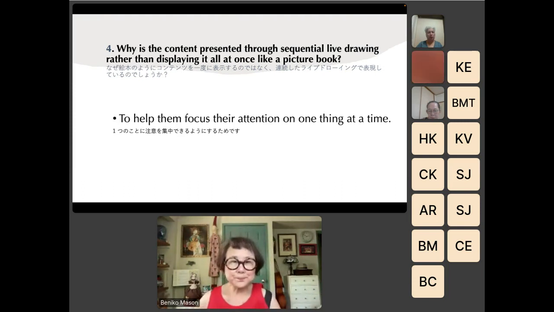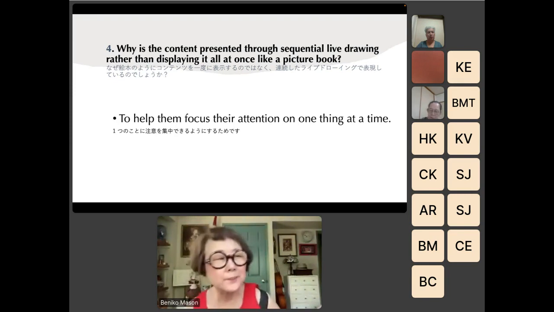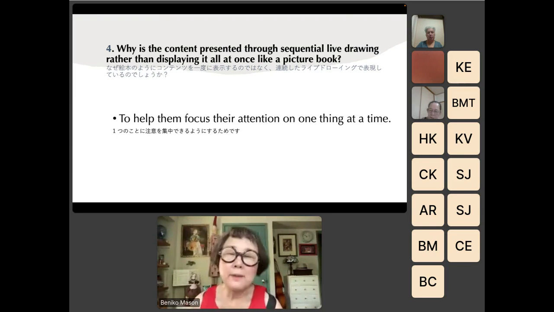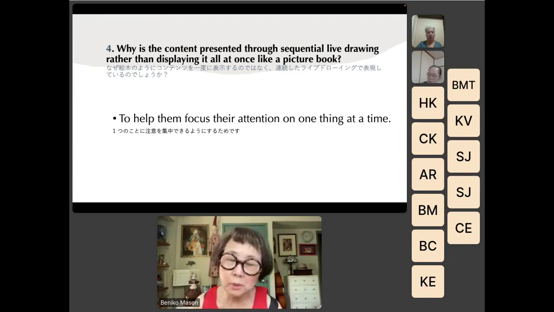Okay, number 4. Why is the content presented through sequential live drawing rather than displaying it all at once like a picture book? Many people have asked me what's wrong about read alouds. Why don't I just show a page of a picture book and read the story?